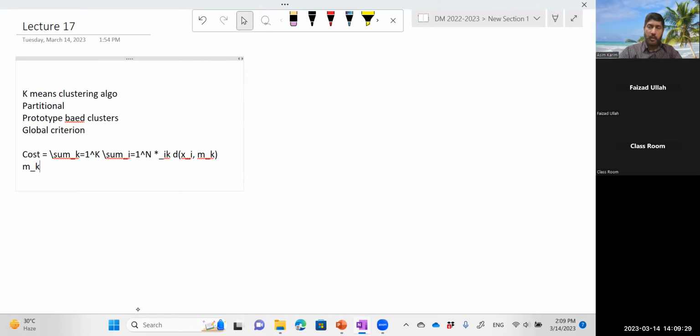So m k, ठीक है, mean of cluster k, x i. So basically object i.